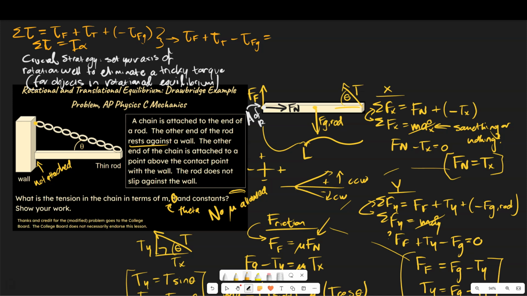Oh, let's pause for a second. I times alpha, let's think about what is alpha for this stationary thin rod. Well, alpha is going to be 0, and if that's the case, that whole term goes away. So we can just say that whole term is equal to 0. Now, what else do we know about torque?